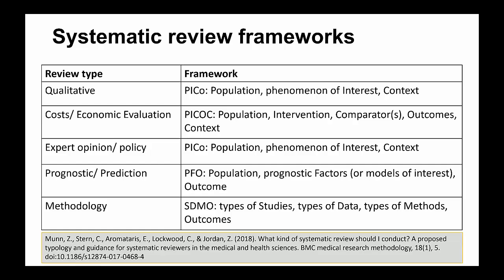I myself have done several focusing on a method. I think the type I'm least comfortable with might be the economic ones. But of course, I don't have to actually conduct it, right? I can listen to their question and use that there. The PICO framework, though, looks a lot like what you're already comfortable with. So like I said, this article is great.